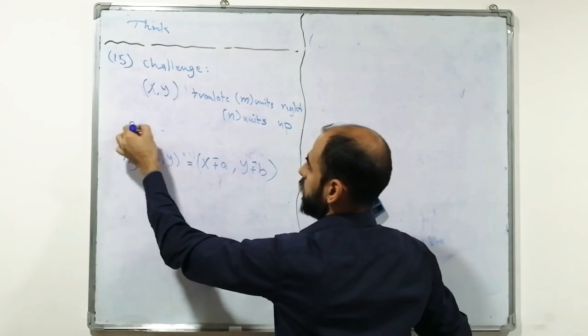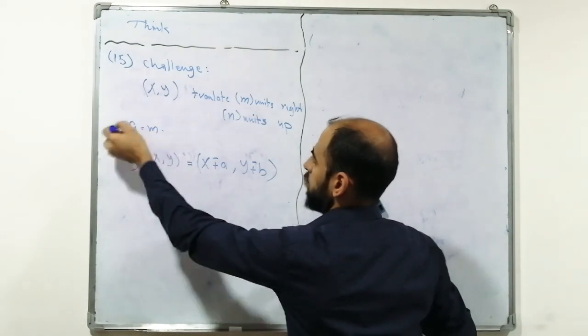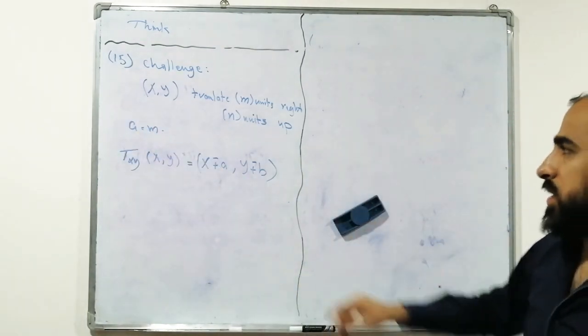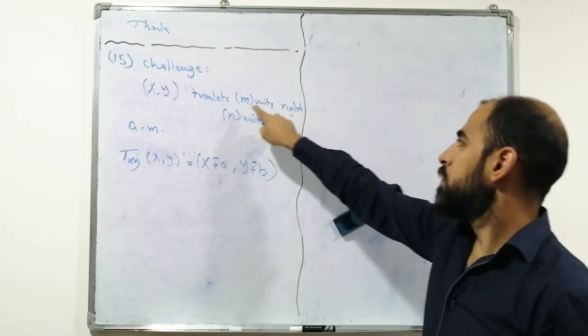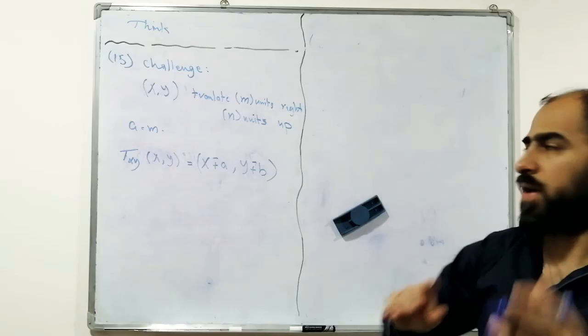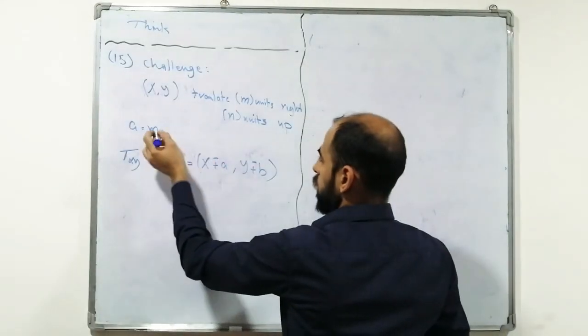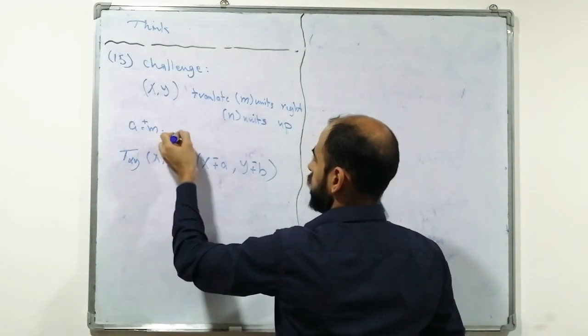Here we have a equals m, where a represents the translation with x-axis, and we have the translation m to the right, that means positive m.